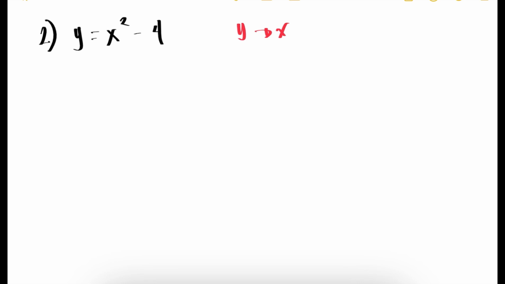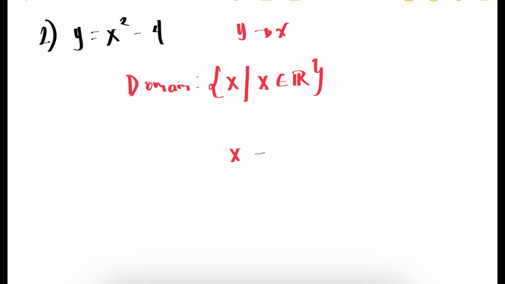Since y is a polynomial, its domain is the set of all values of x such that x is an element of all real numbers. Now, to find the range, let's solve y equal to x squared minus 4 for x in terms of y.